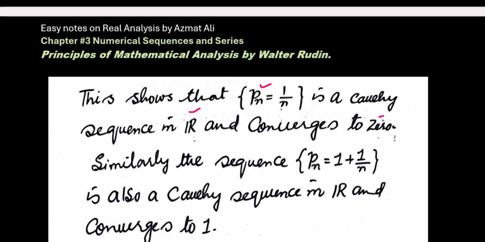Clearly, when you take n approaching infinity here, your sequence converges to 0. Similarly, the sequence Pn equal to 1 plus 1 over n is also a Cauchy sequence in R, and it converges to 1. When you take n approaching infinity, this becomes 1 over infinity, 0, so 1 plus 0 is 1. So this sequence approaches 1.